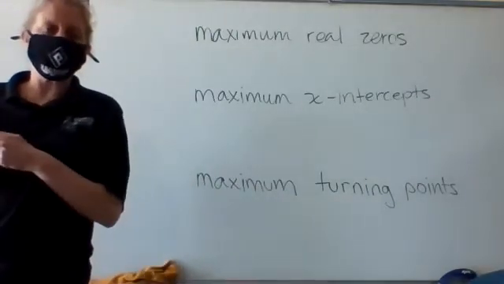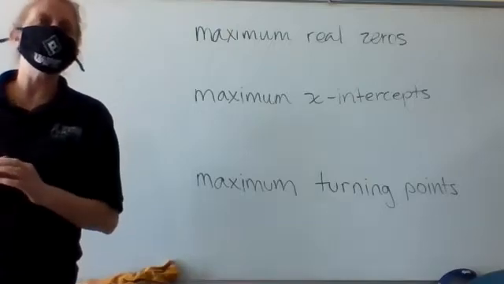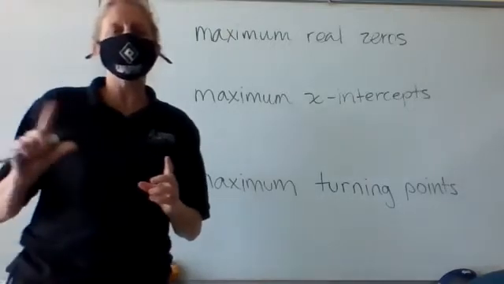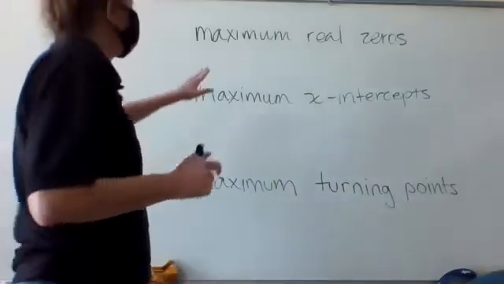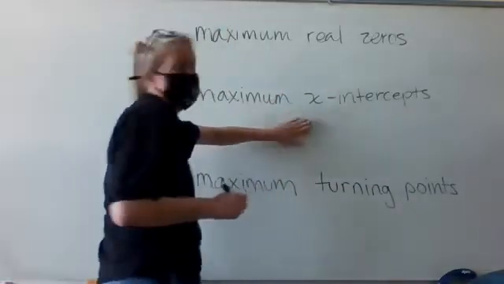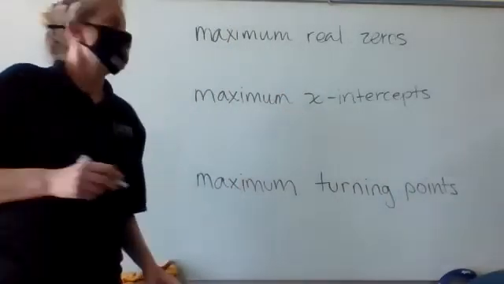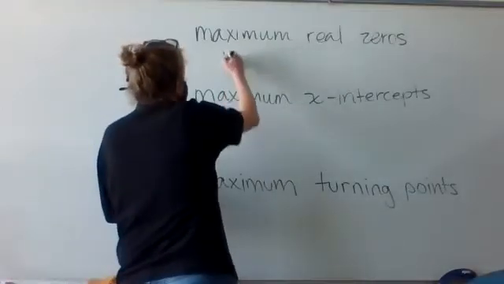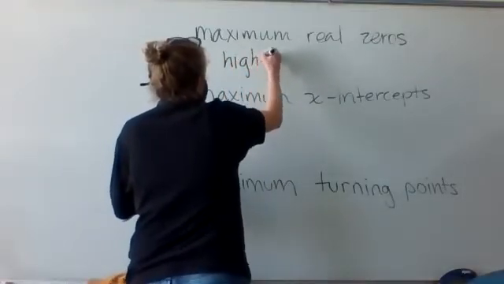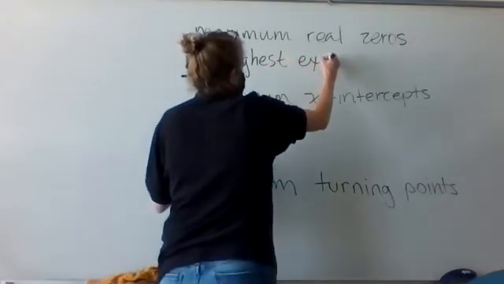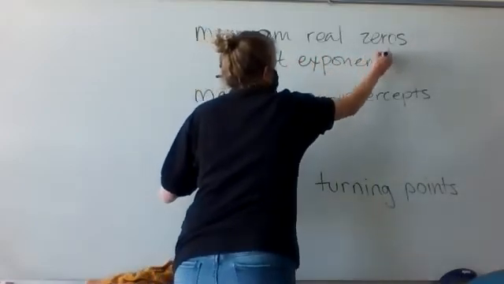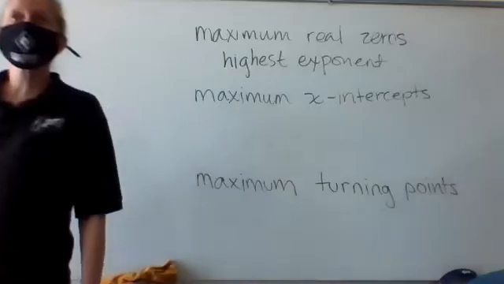Now, I'm going to write these down, how to figure this out, and then I'm going to explain it with two different graphs. So the maximum number of real zeros, and x-intercepts for that matter, are going to be however much the highest exponent of the function is. So just look for the highest exponent.